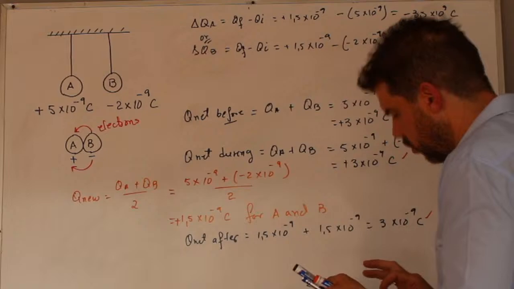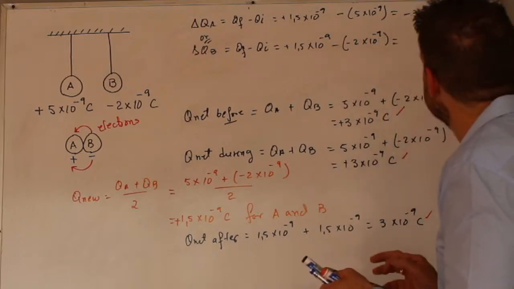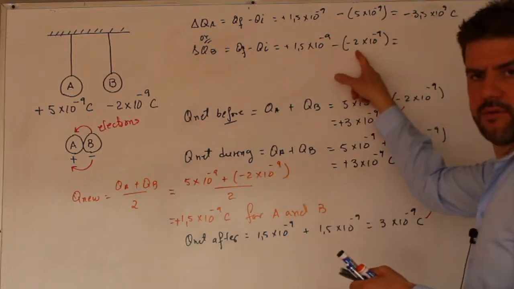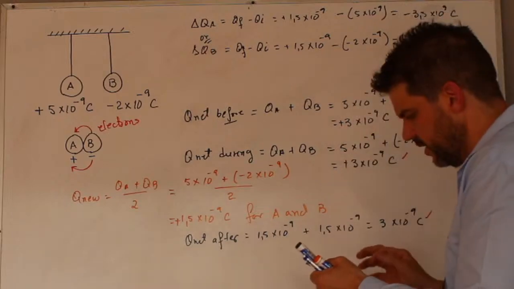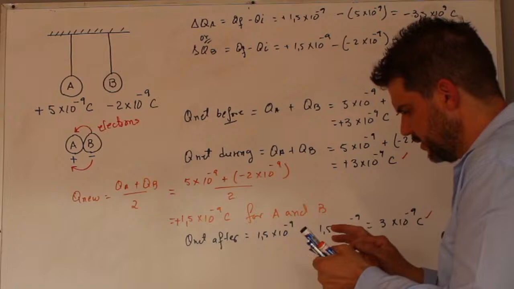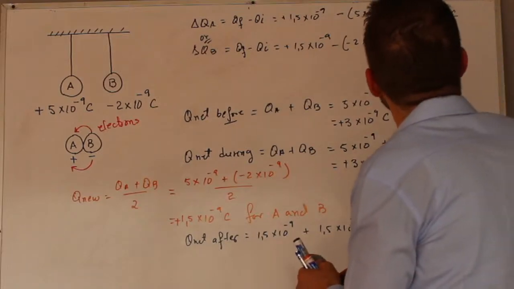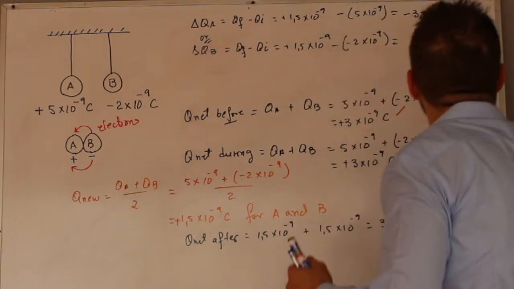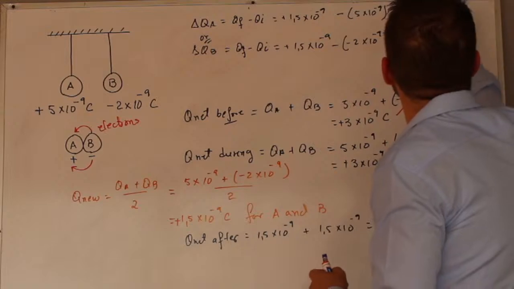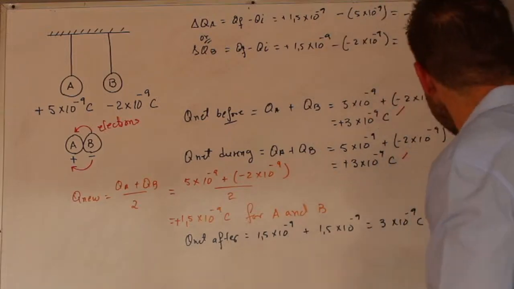It is 1,5 times 10 to the minus 9 plus 2, because minus multiplied by minus is positive, plus 2 times 10 to the minus 9. What happened here? 1,5, 1,5, no, 3,5.